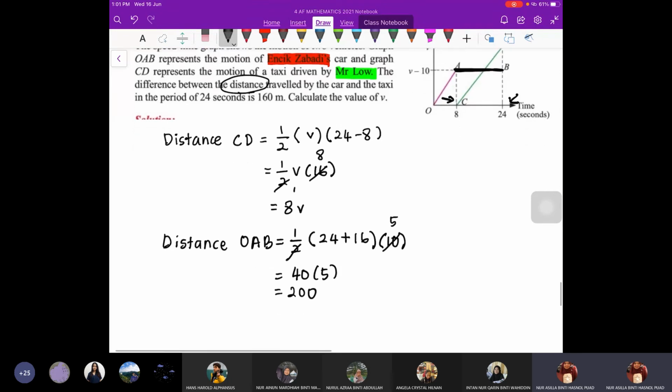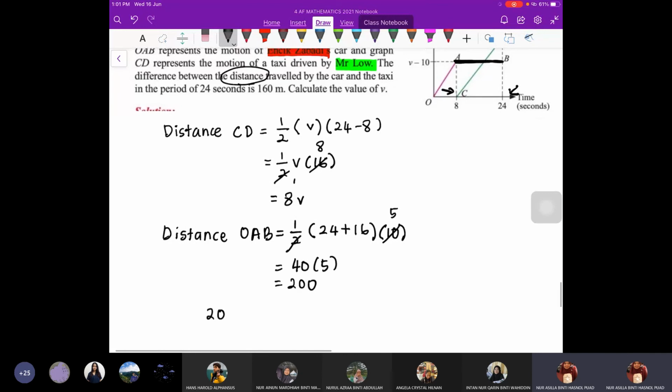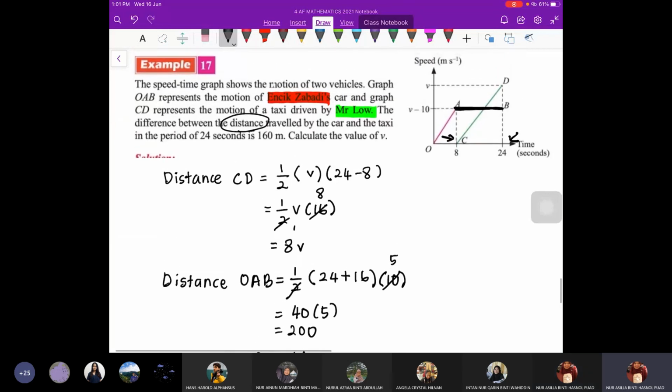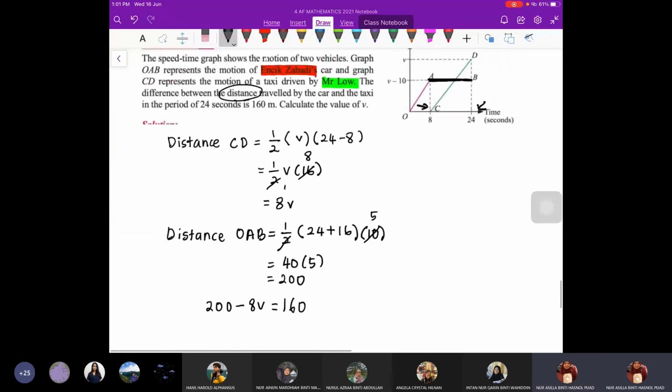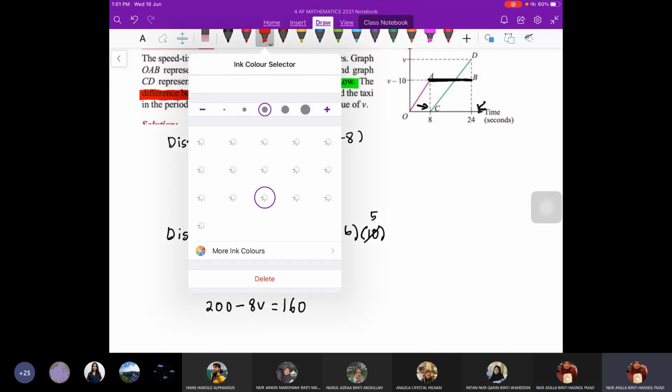Okay, dia kata difference. So 200 minus 8V is equals to 160. Tengok sebab saya berdasarkan dia kata kat sini, the difference between the distance adalah 160.